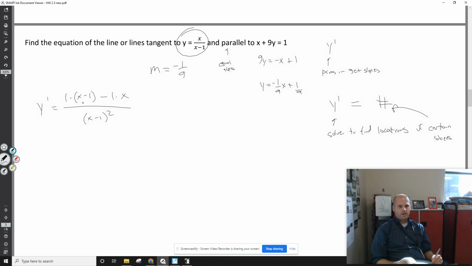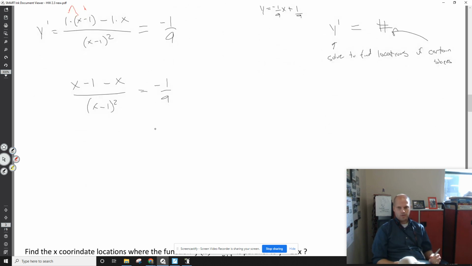I'm trying to figure out when this tangent slope generator generates a tangent slope of negative 1/9. This is the situation where simplification is necessary. To solve this equation, it's going to be so much easier if we have a simplified derivative that enables us to do a little bit of algebra, a little bit of balancing.